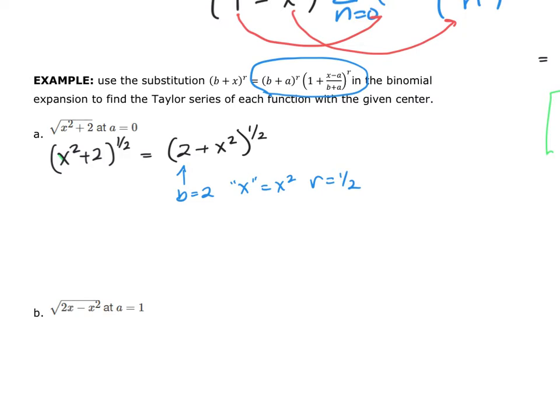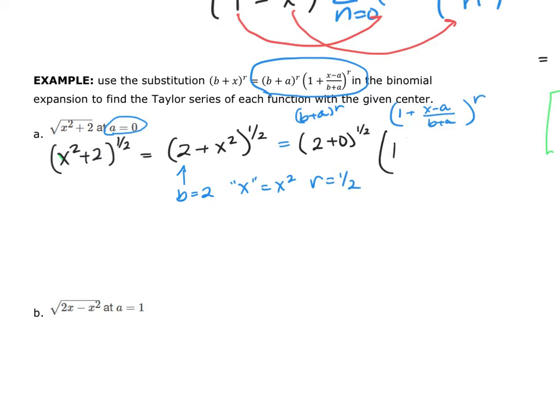So then this is going to be equal to my b plus a. Remember, a is equal to 0. So b plus a raised to the r is going to be equal to 2 plus 0 raised to the 1/2. My next term, actually let me do it right up above, is 1 plus x minus a over b plus a, raised to the r power.